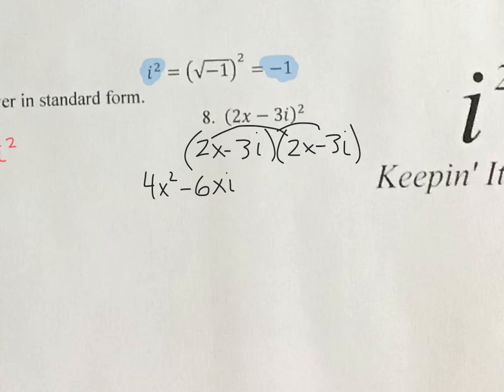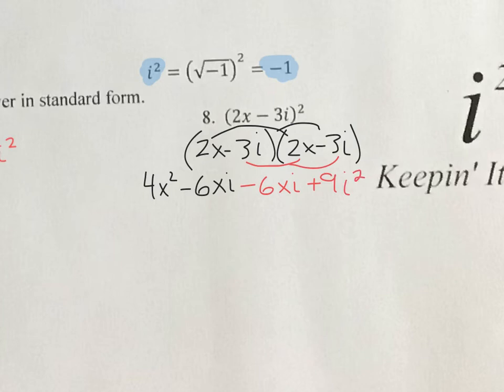Now we do the next part, negative 3i times 2x. That's going to give me a negative 6ix. Or actually, I should probably write it like I did the other one, xi. There we go. That way you can see the like terms a little bit better. And then, of course, negative 3 times negative 3i. That's going to give me a positive 9i squared.